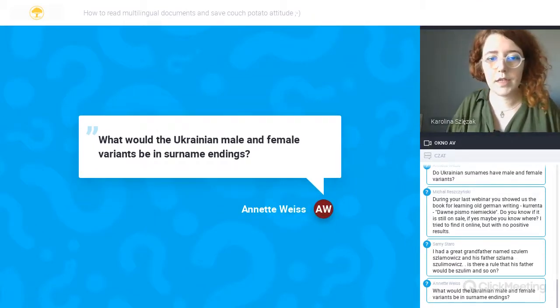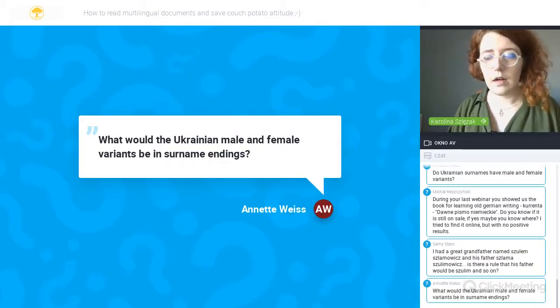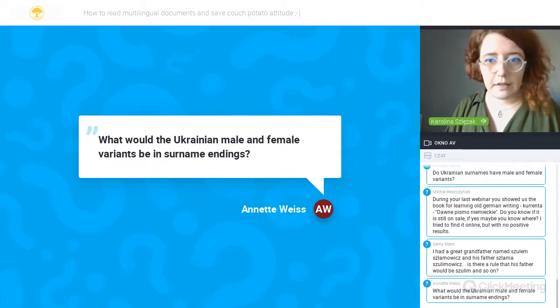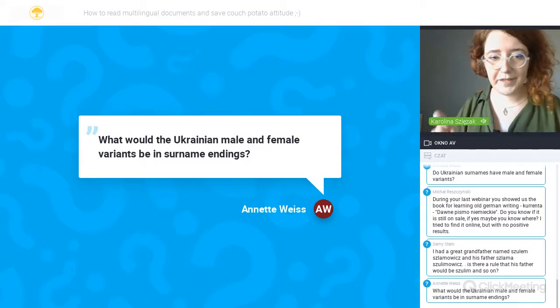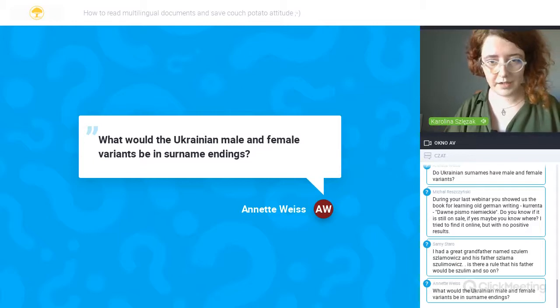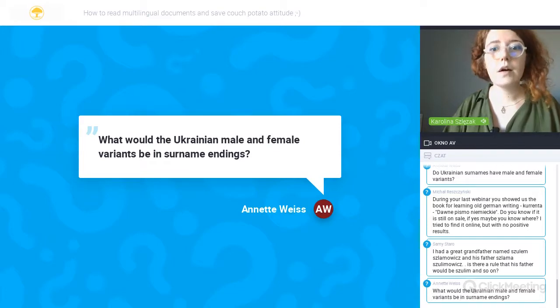What would the Ukrainian male and female variants be in surname endings? Well, I don't speak Ukrainian, so there might be some variant that I won't mention here, but it works just like with other Slavic languages, like Polish and Russian.